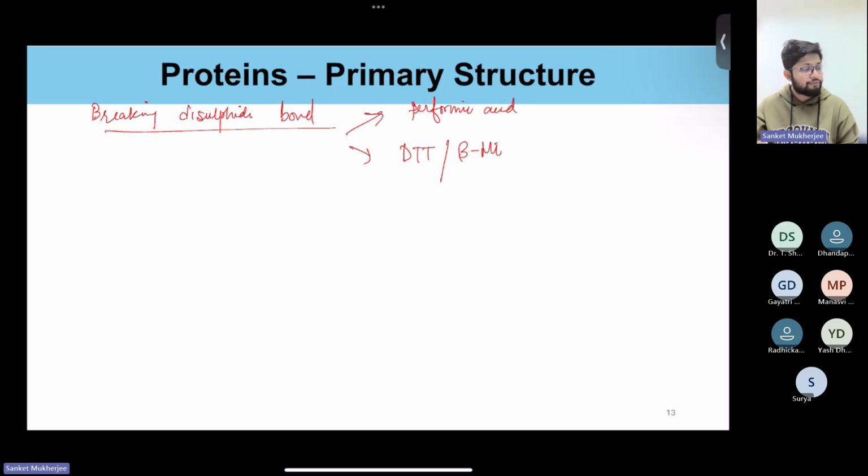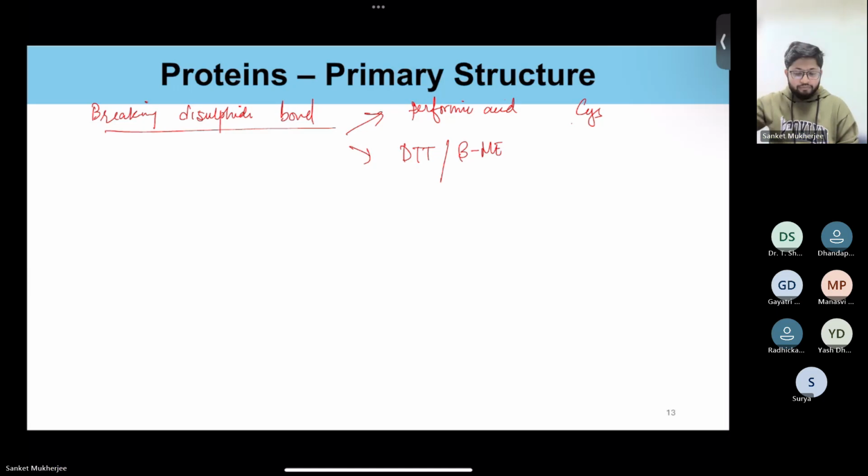Usually this is what is preferred. If you go for reduction and then treatment with iodoacetate, it will form carboxymethyl cysteines. Cysteines are usually the residues which have the sulfur in them. So it will form carboxymethyl cysteine, and they cannot reform the disulfide bond.